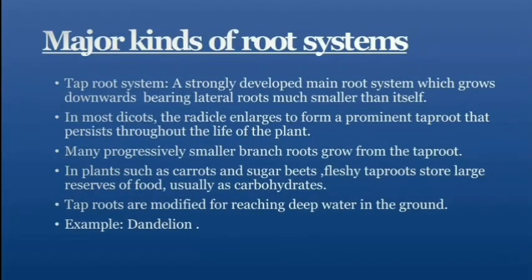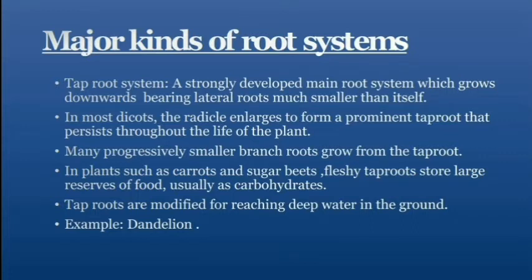Usually, there are two main kinds of roots, taproots and fibrous roots. Let us see what taproots are. A strongly developed main root which grows downwards, bearing lateral roots much smaller than itself, is a taproot. In most dicots, the radicle enlarges to form a prominent taproot that persists throughout the life of the plant.